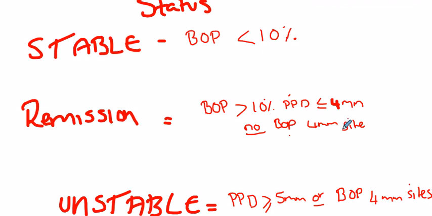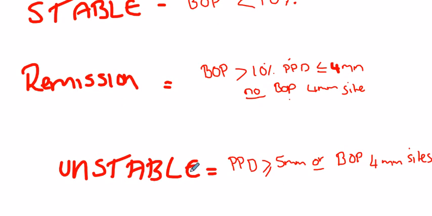Then we are in remission. And unstable is periodontal pocket depths of greater than or equal to 5 millimeters, or bleeding on probing at 4 millimeter sites, and then we are unstable.